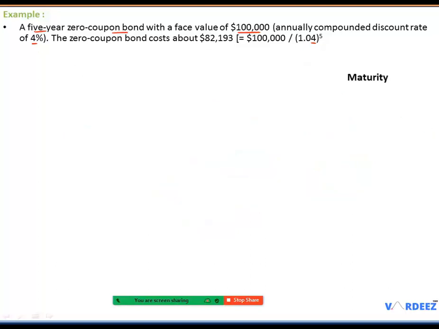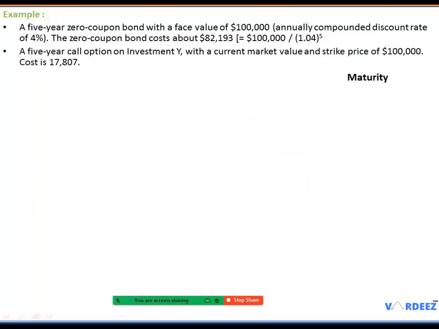Now let's look at the second portfolio that we have over here. The second portfolio says a 5-year call option on investment Y with the current market value and the strike price equal to $100,000.